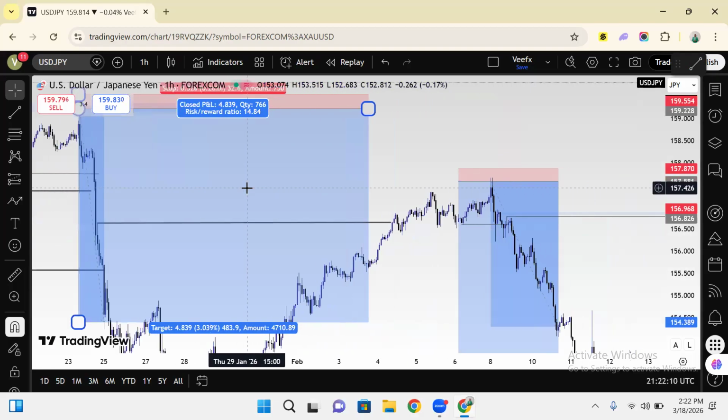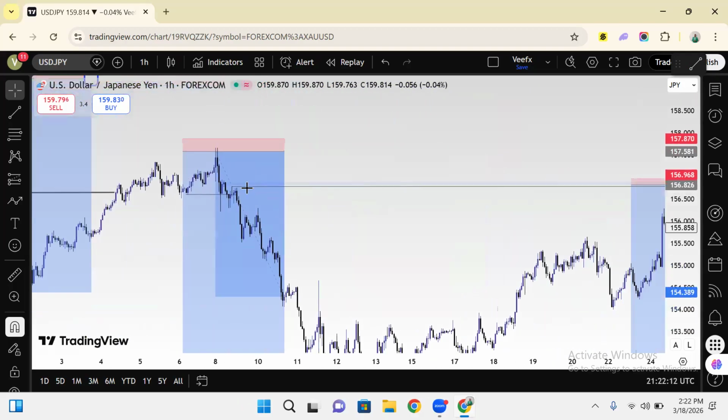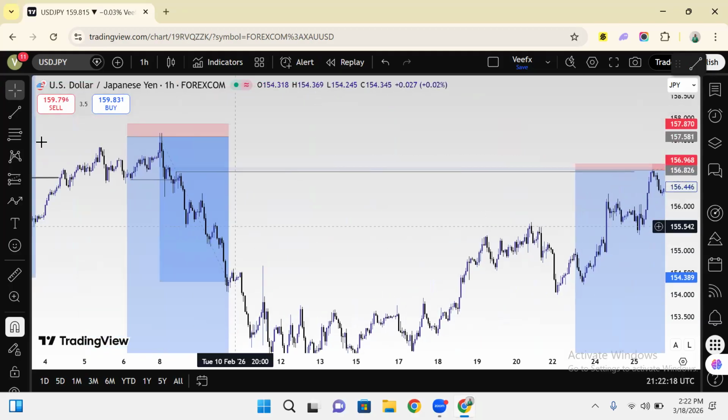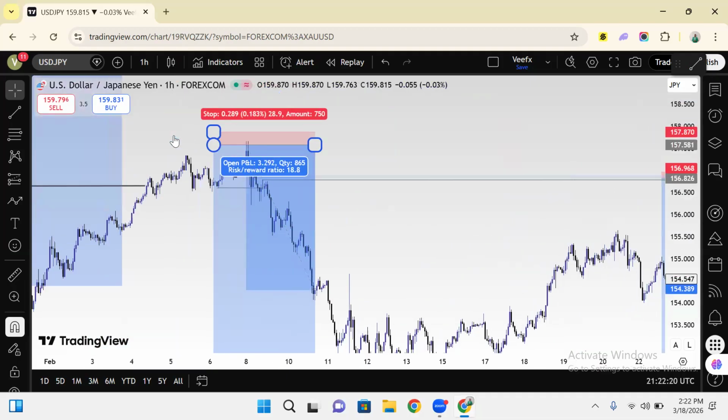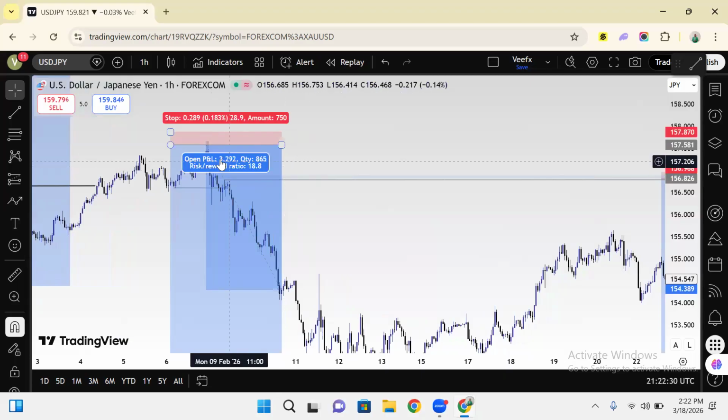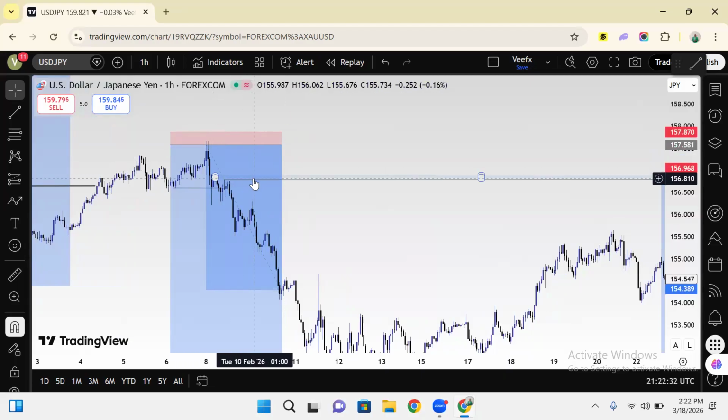Now, let's say you still missed. I still caught another entry here. Let's say you still miss this entry here. Same thing. Look for the concept of continuation again, which is double break of structure. After the trade triggered, it took out this low here, right?